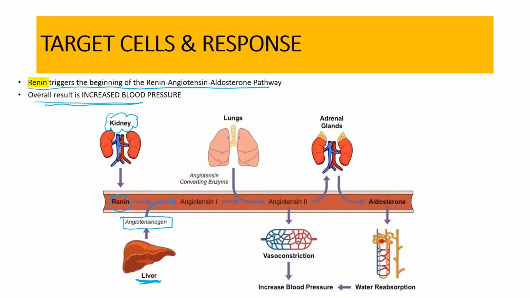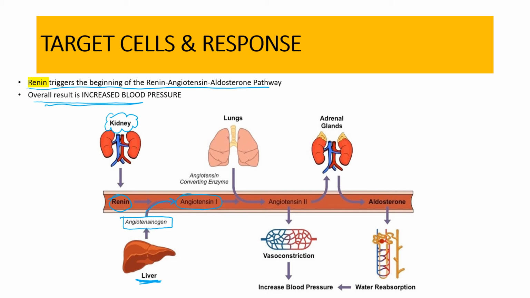When renin meets up with it, however, renin and angiotensinogen combined result in angiotensin 1. So you've got to have both the renin and the angiotensinogen from the liver in order to make angiotensin 1. Renin is actually going to cleave the angiotensinogen, resulting in this next molecule, angiotensin 1.